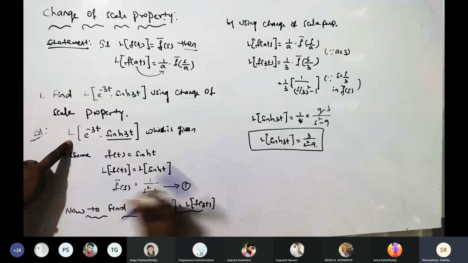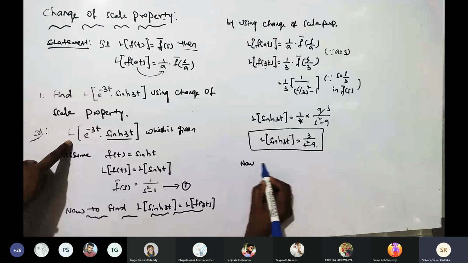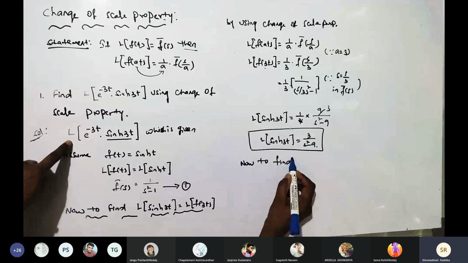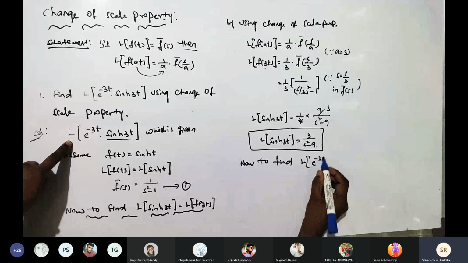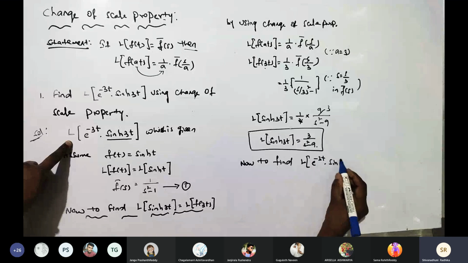Now this is the main problem here: to find L of e power minus 3t into sinh 3t.